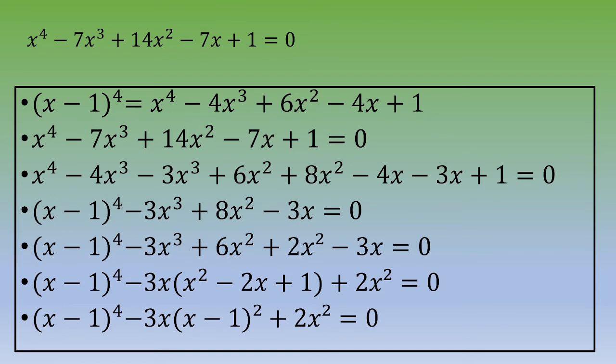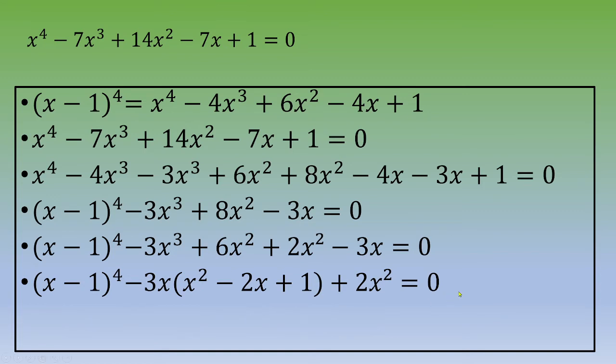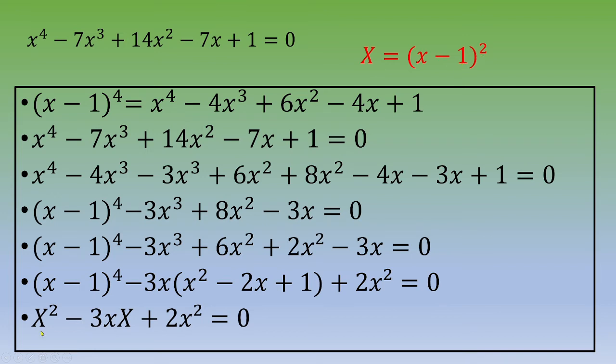So now, for example, we are going to set that capital X equals x minus 1 squared. If you plug, you end up with capital X squared minus 3x times capital X plus 2x squared equals to 0.